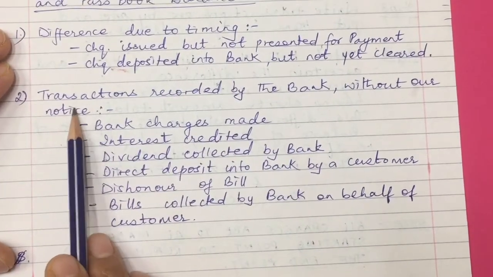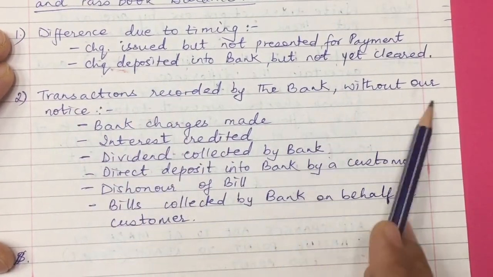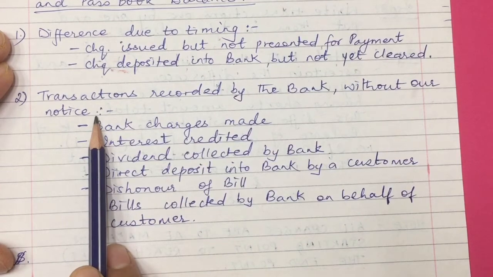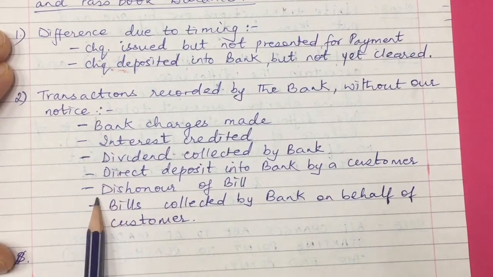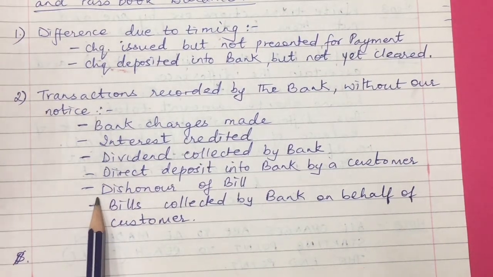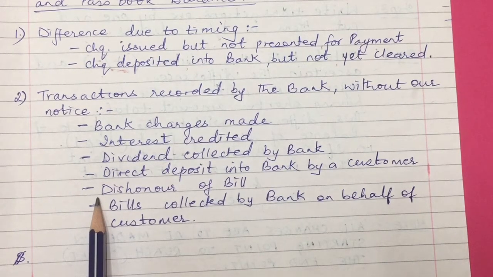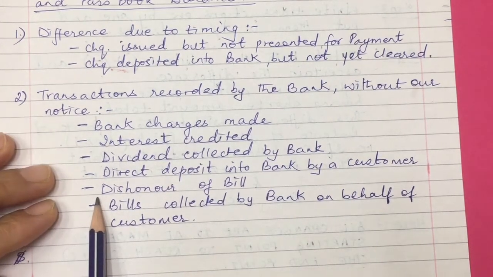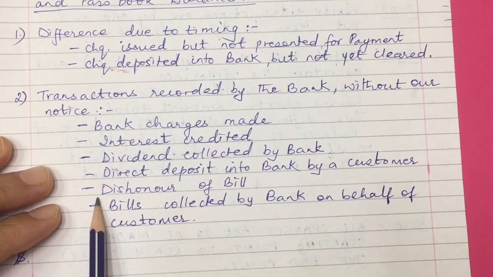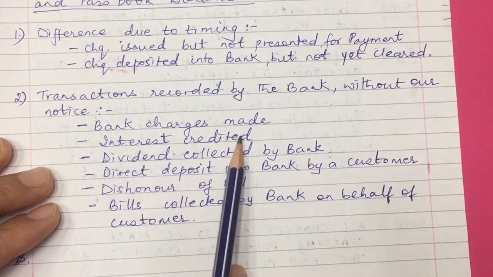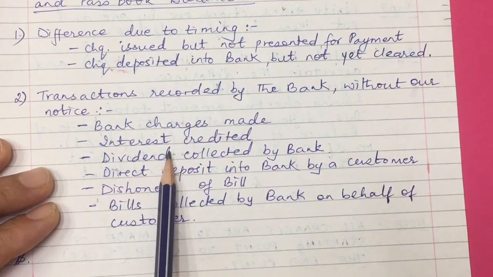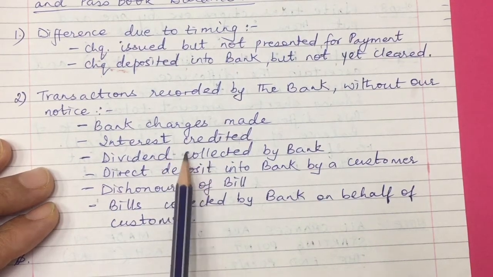Second is transactions recorded by the bank without our notice. There could be some charges, some interest received, some income received, which bank has received and we are not aware about it. It is directly gone into the bank or deducted by the bank. Like bank charges made, interest credited, dividend collected, there are a lot of things.